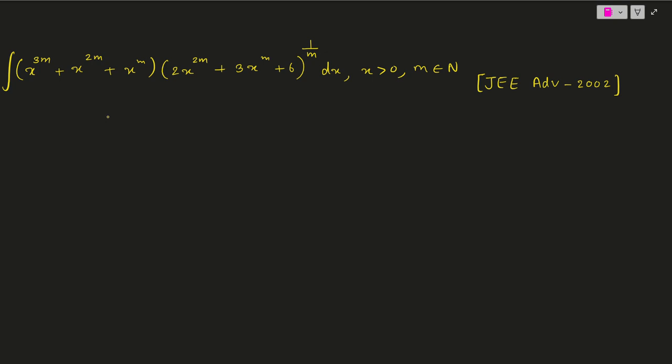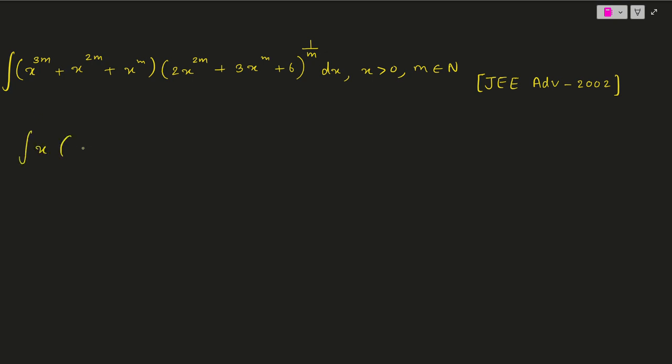Okay, now what we can see, the degree here is 3m and here is 2m. The difference between both degrees is not 1, it's m. Then what we'll do is we'll take x common from this.